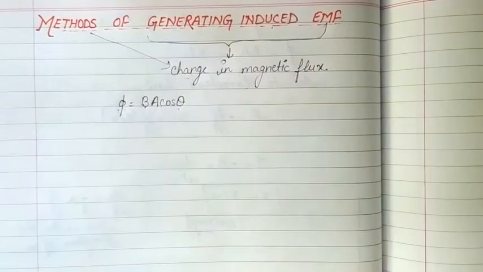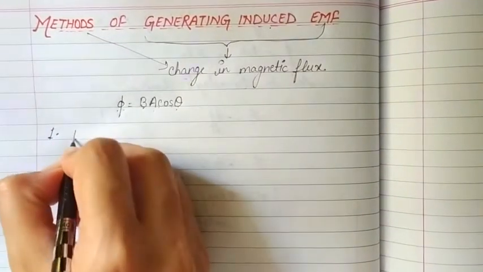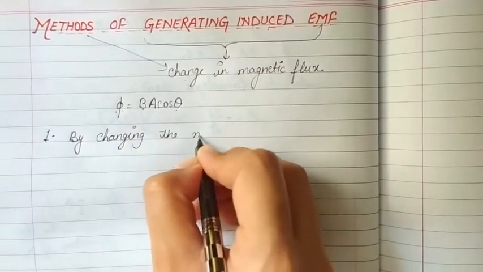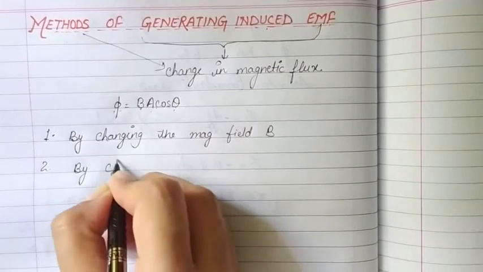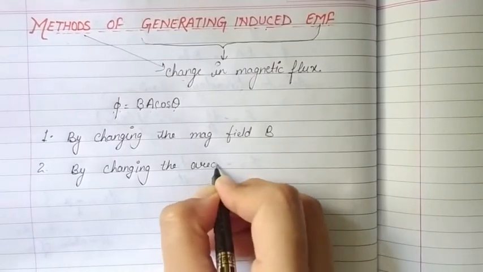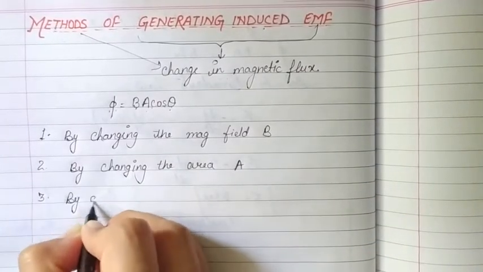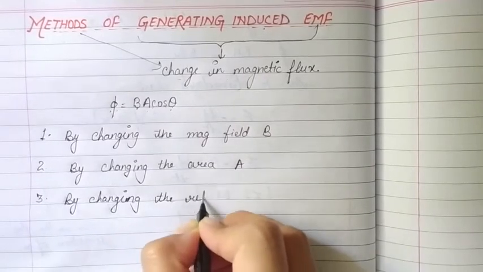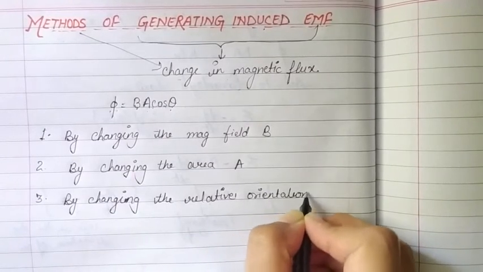So the methods for generating induced EMF are, first, by changing the magnetic field, capital B. Second, by changing the area of the circuit or a coil, that is A. And third, by changing the relative orientation theta.